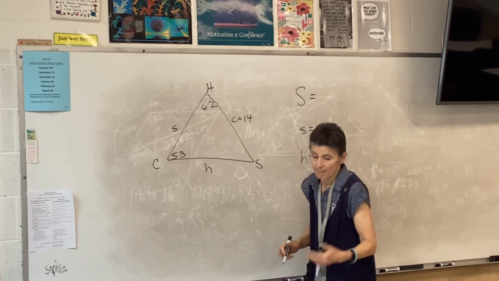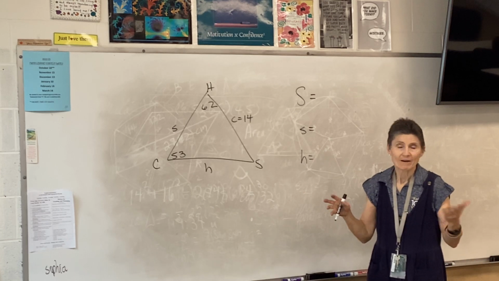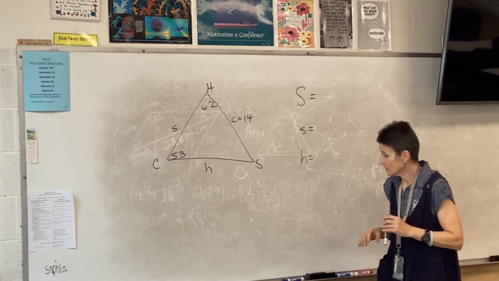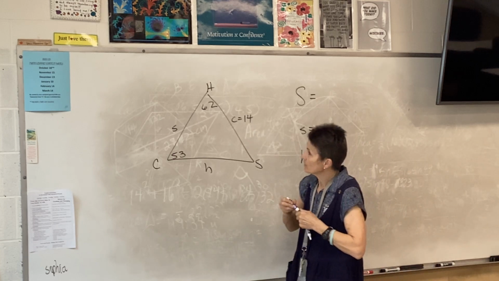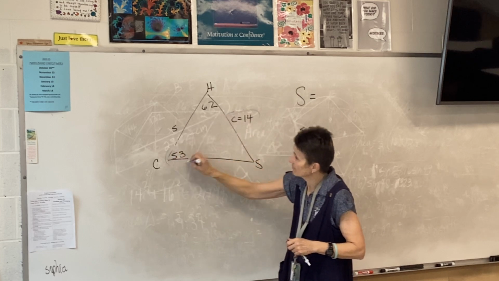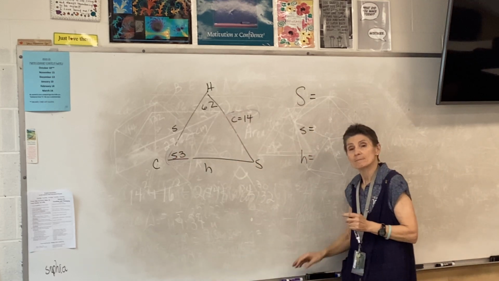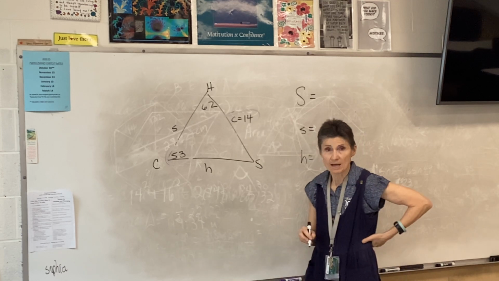Now, I've told you this is over section 5.5. 5.5 is the law of sines, but you would know that anyway, because when you look at your given, don't you see this right here? That's your pair. That's going to be the law of sines.